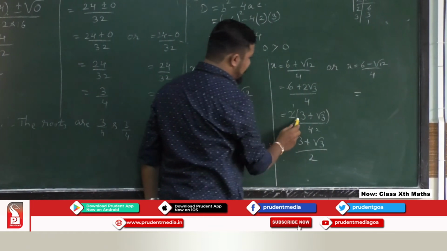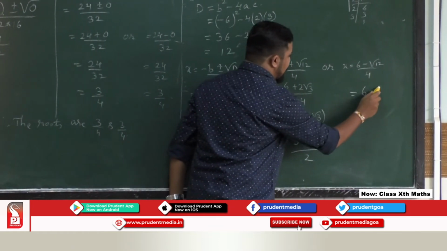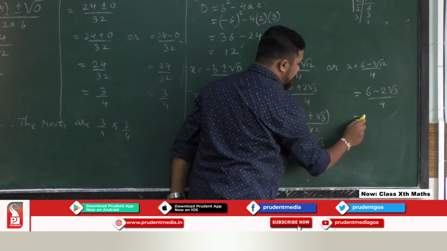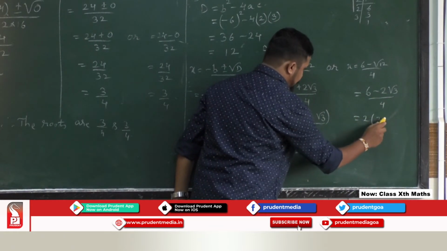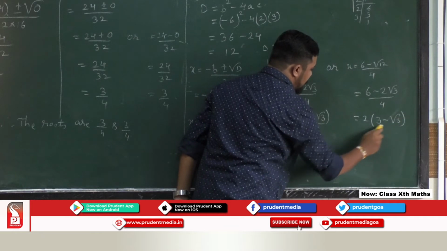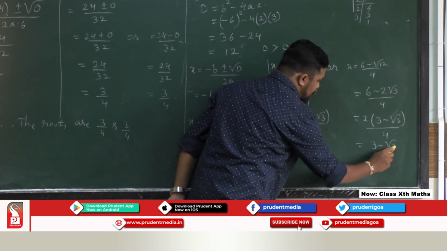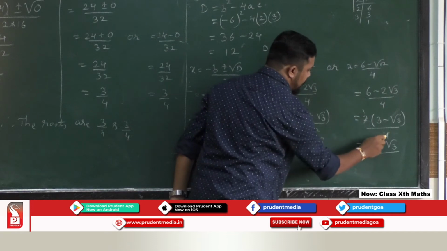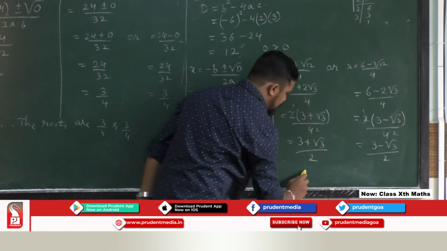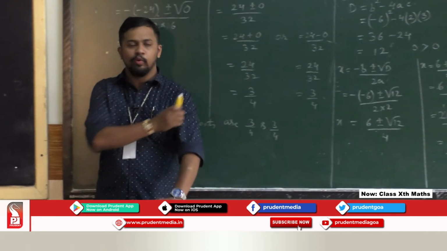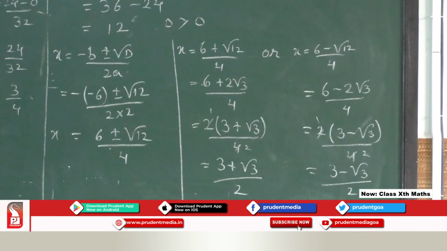The same way I'll write here: 6 minus 2 root 3 upon 4. Find common: 3 minus root 3 upon 4. So 3 minus root 3 upon 2. Therefore, the roots are 3 plus root 3 by 2 and 3 minus root 3 by 2.